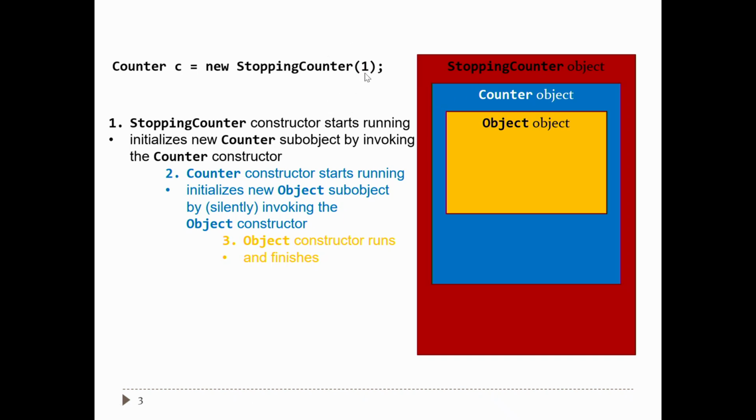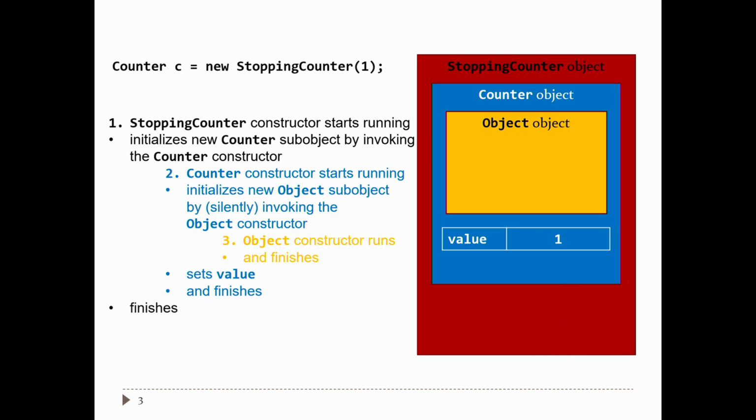If the 1 is not negative, it goes ahead and sets this.value to 1. Notice that the value field lives inside the superclass Counter object. When it sets the value, the Counter constructor is now done running, and so that means the StoppingCounter constructor can now finish running.